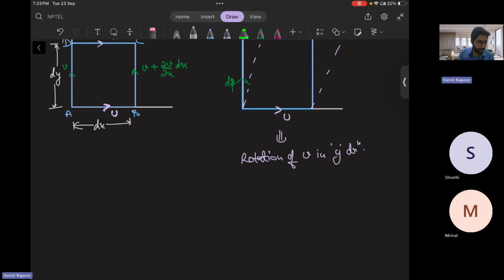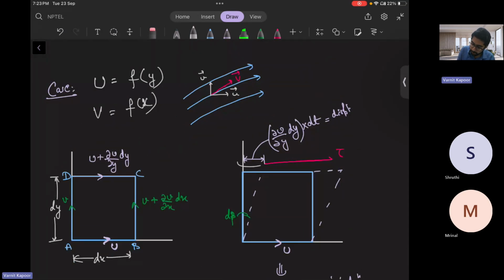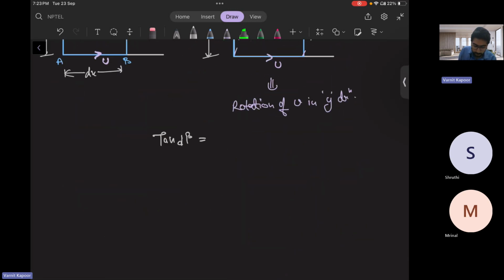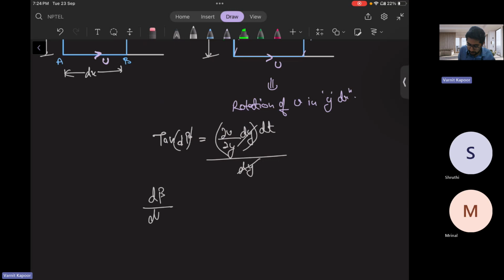So how can we write it? Tan dβ can be written as, from the angle, perpendicular is this and base is this. What is the length of the fluid element in the y direction? It is dy. So that is ∂u/∂y dy dt by dy, so this cancels out. For a small rotation, tan dβ can be written as dβ, so dβ by dt equals ∂u/∂y from the right hand side.